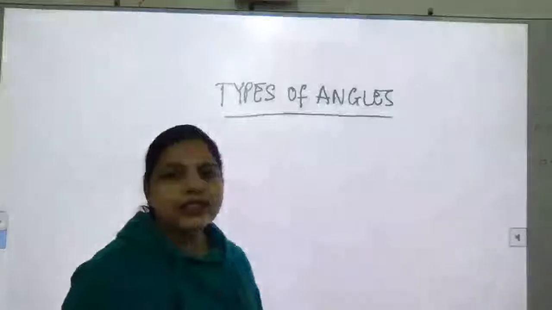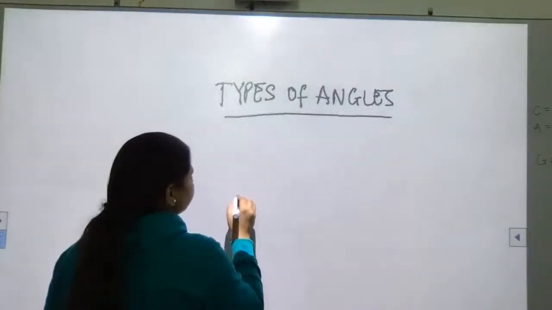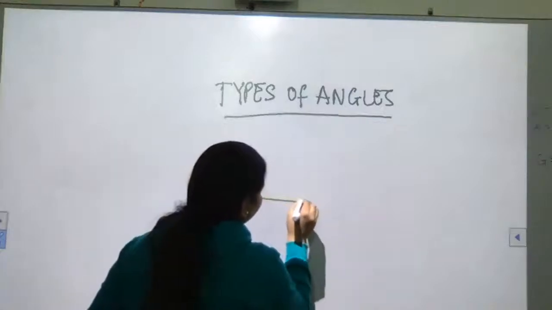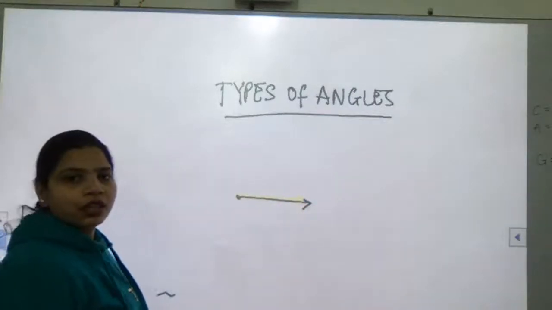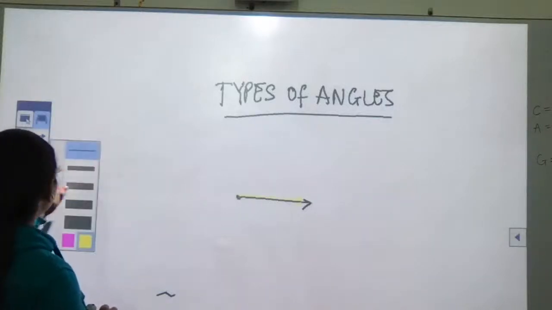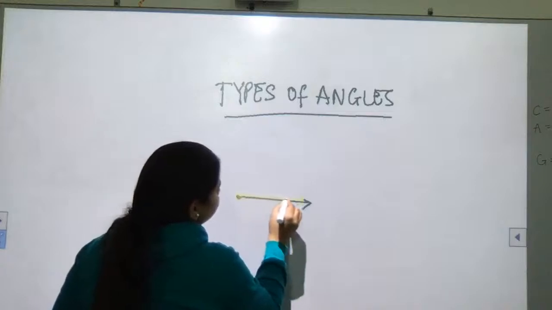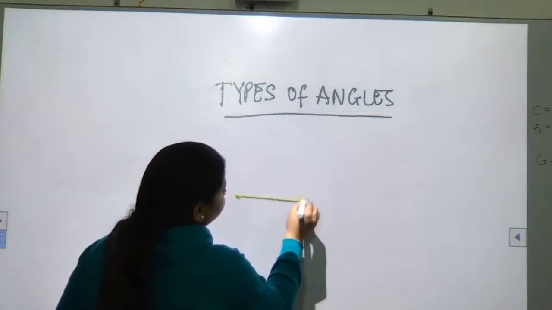तो टाइप्स ऑफ एंगल्स में हम स्टार्ट करेंगे जीरो एंगल से. When two rays, let's suppose this is a ray overlapping on the first ray. आप देख पा रहे हैं, आपको दिख रहा है, या मैं थोड़ा सा इसकी स्ट्रेंथ बढ़ाती हूँ. येलो वन, this is ray 2.